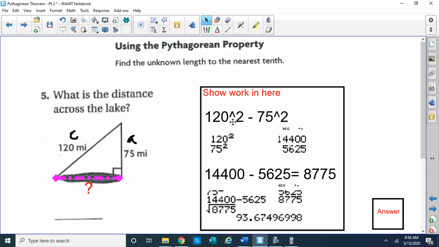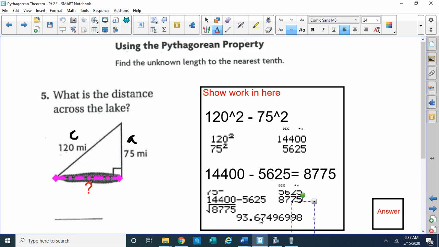Now, it said rounded off to the nearest tenth. So I got 93.67. Now, I only want one number after the decimal point. So I look at the number that's after the 6, which is a 7.